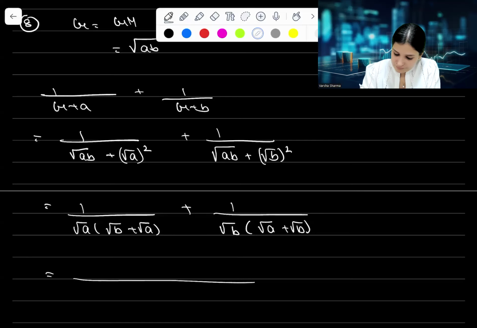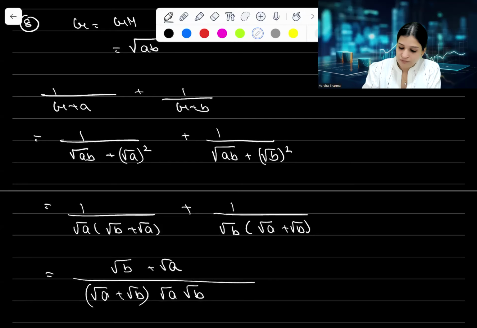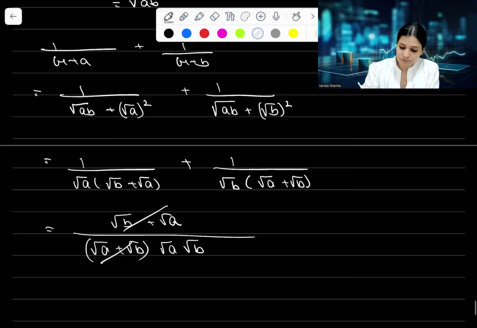LCM: (root a plus root b) times root a into root b. We have root b plus root a, it's cancelled.